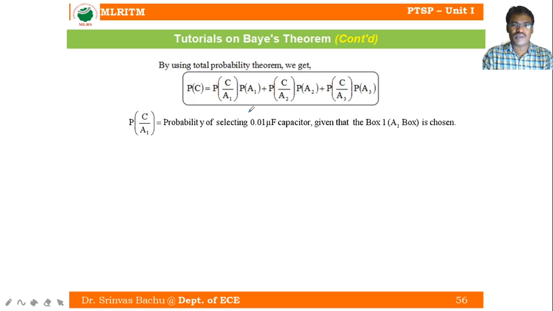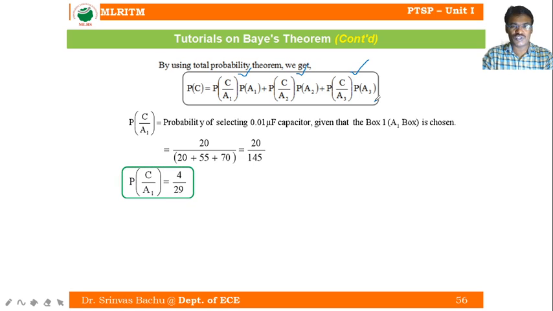Now find out one by one: P of C by A1, P of C by A2, P of C by A3, and P of A1, A2, A3 are equal probabilities. P of C by A1 is selecting 0.01 given box A1. In box A1, 20 capacitors are of the 0.01 type.